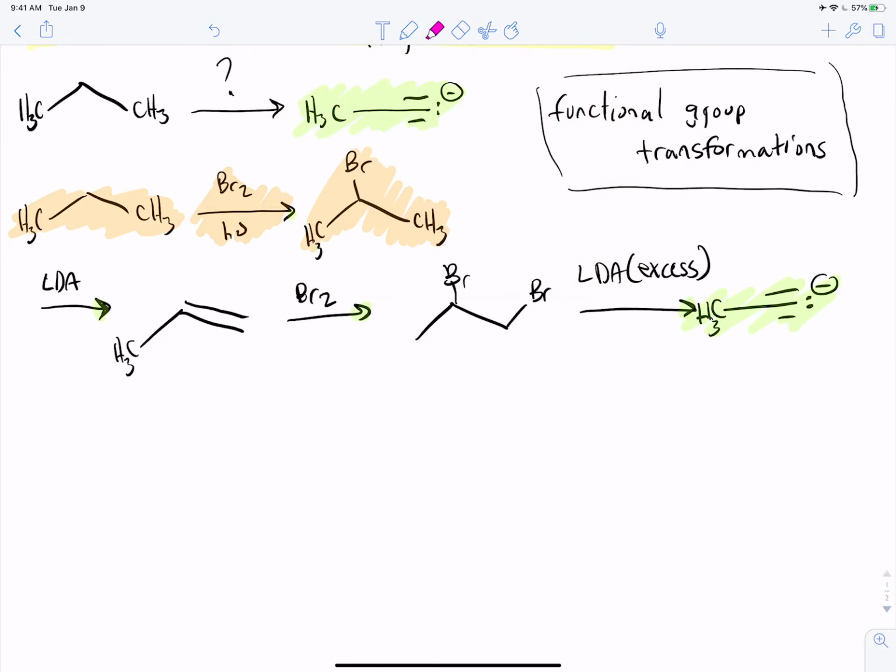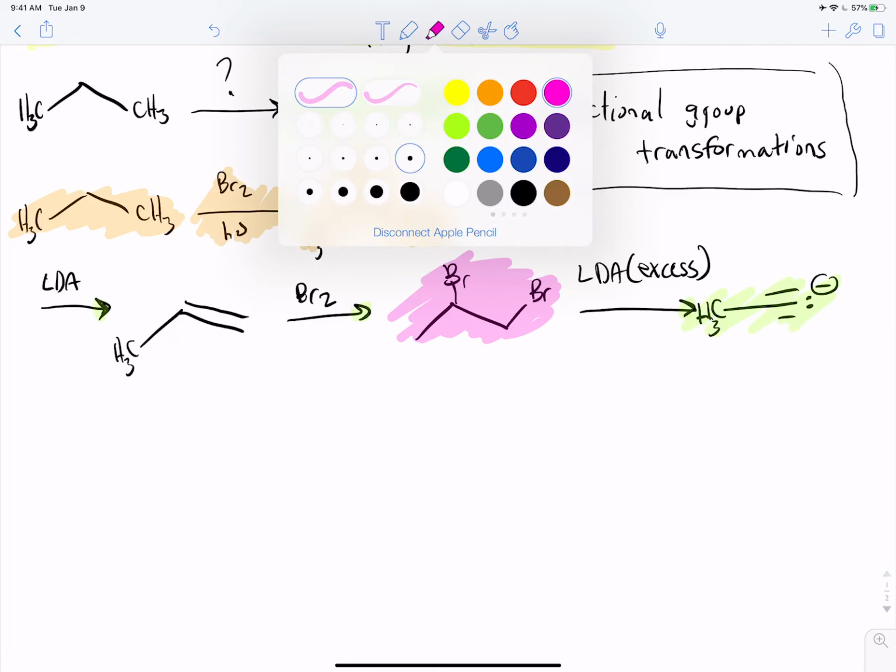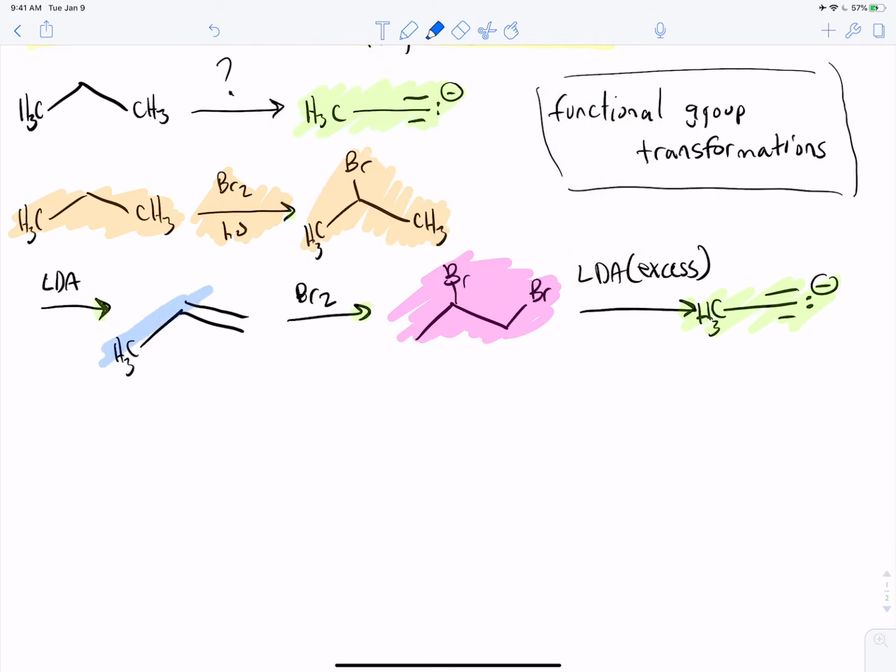Now, I know that ultimately from there I want to make an alkyne. I only know one way to make an alkyne, and that is to use a vicinal or a geminal dihalide. So I know I need to make this somewhere along the way. The way that I know how to make a dihalide is from an alkene.